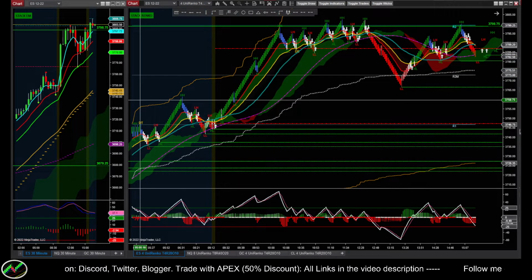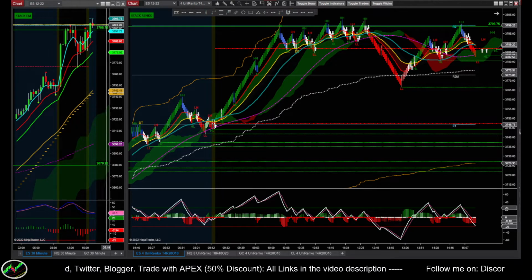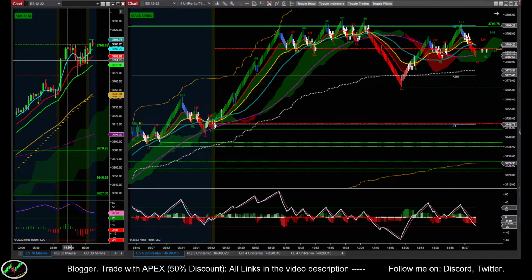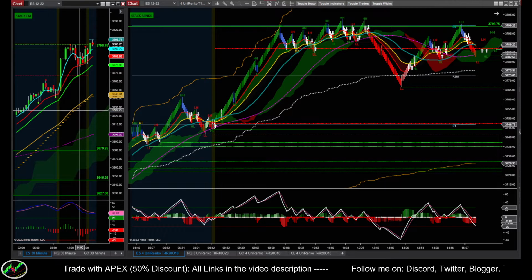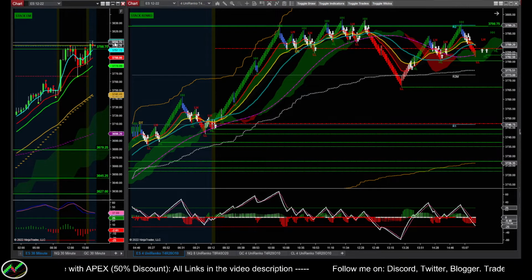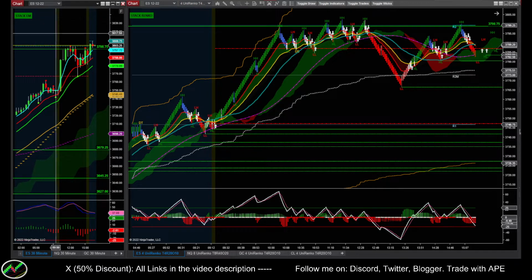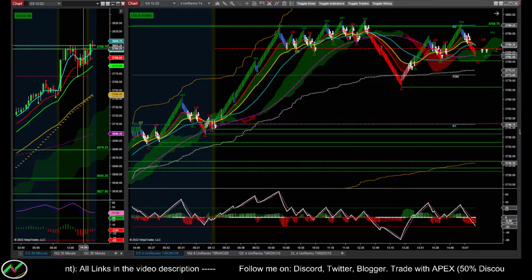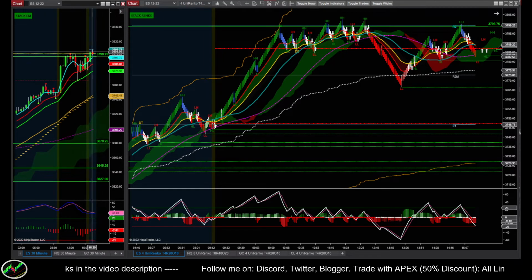Okay, so the other anchor chart I use is this 30 minute chart. What I'm going to discuss today is the settings, how you create the settings for this 30 minute bar. No matter which instrument I trade, whether it's ES, NQ, GC, or CL, I use the same settings for each one of them for the 30 minutes.